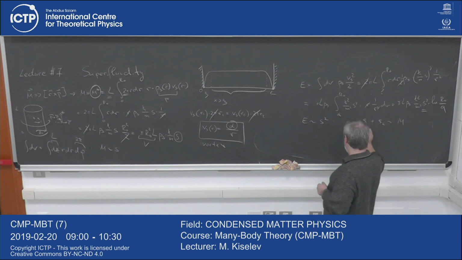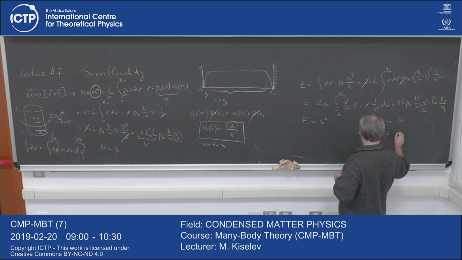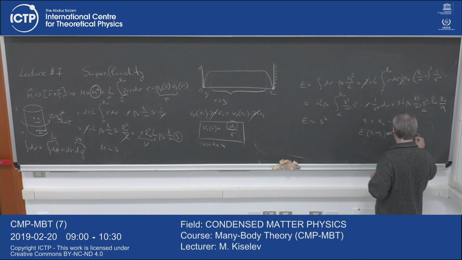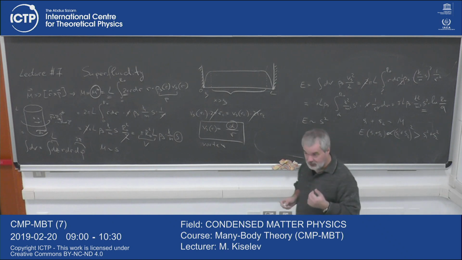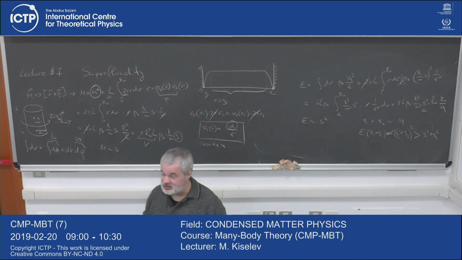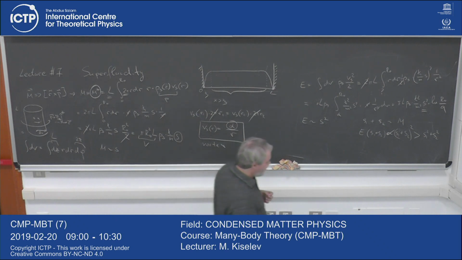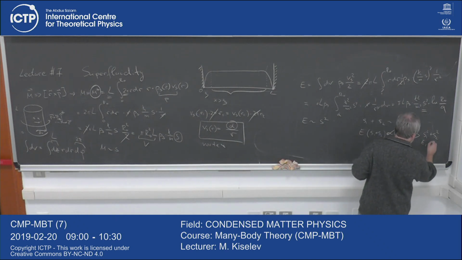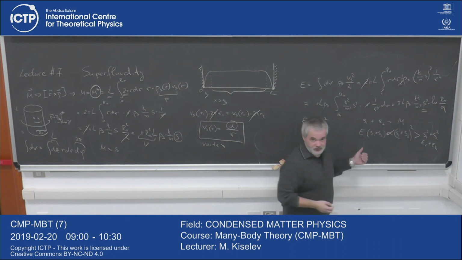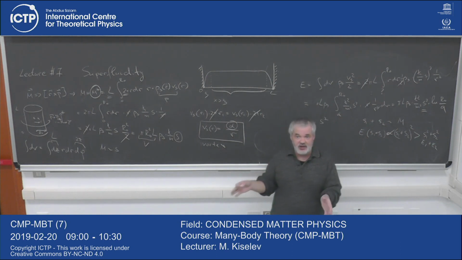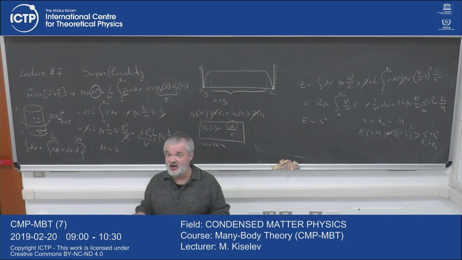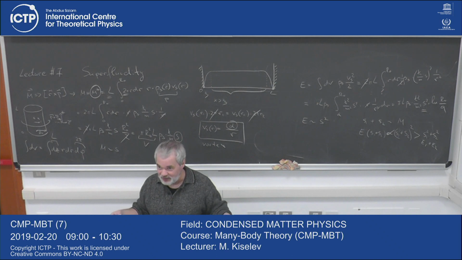However, the energy of this big vortex will be proportional to (S1 plus S2) squared, which is larger than S1 squared plus S2 squared. Therefore the conclusion is that it is energetically unfavorable. This is E1 plus E2. Since the energy of the big vortex is larger than the energy of two separate vortices, it is energetically unfavorable to merge two vortices into one.